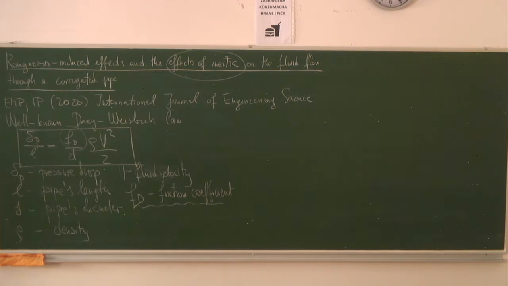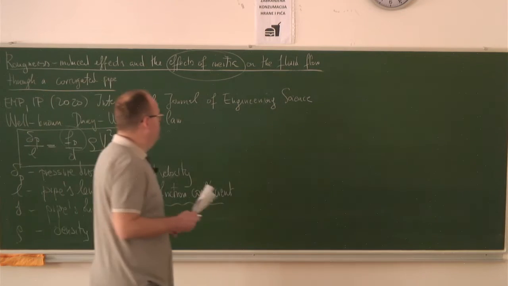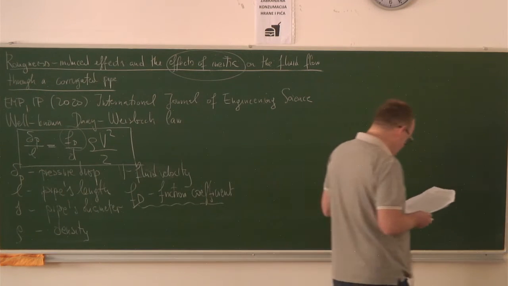I will not talk about the bibliographic literature survey on the pipe flow. You can read it in the paper or in some other literature. I will move to a formal description of our problem.